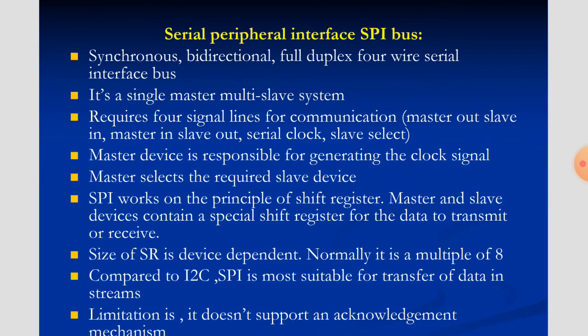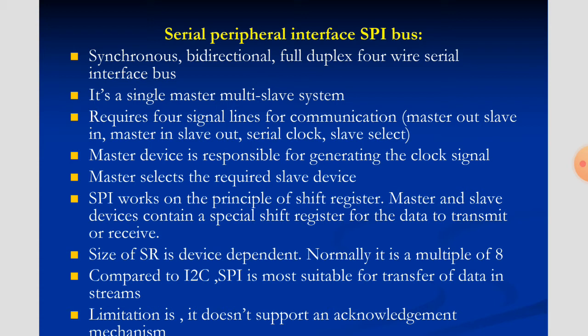Next one is the Serial Peripheral Interface, shortly known as the SPI bus. It is a synchronous, bidirectional, full duplex, 4-wire serial interface bus. It is the same as the I2C bus, but it is full duplex, whereas I2C is half duplex.